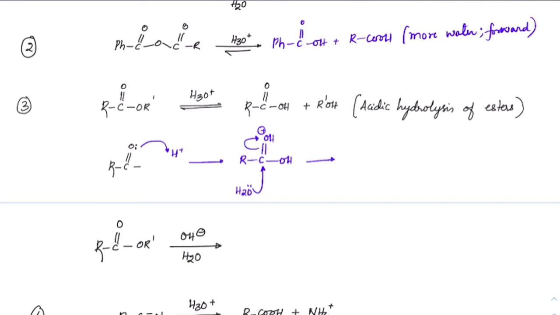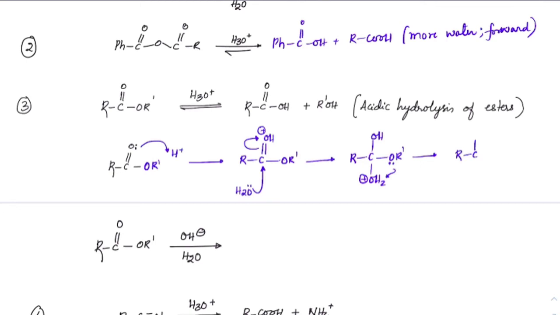Sorry, this is OR dash. So we'll get this as OH, OR dash, OH2 plus. So this lone pair will take away this H plus.